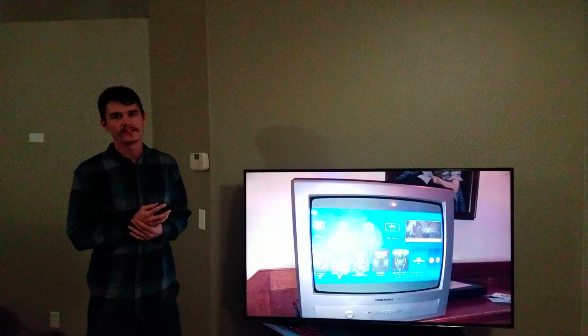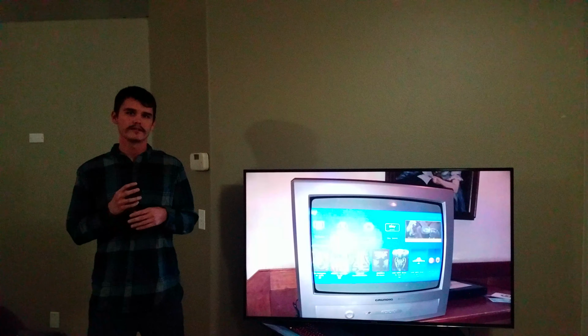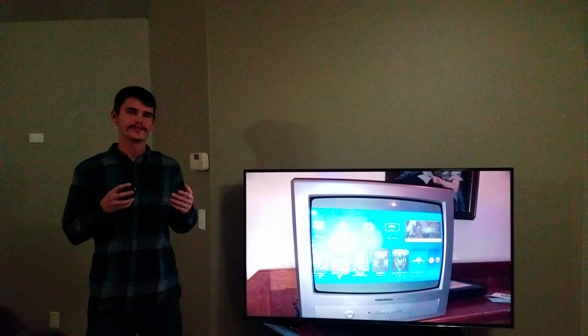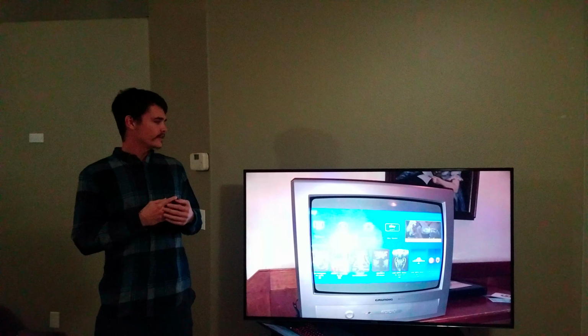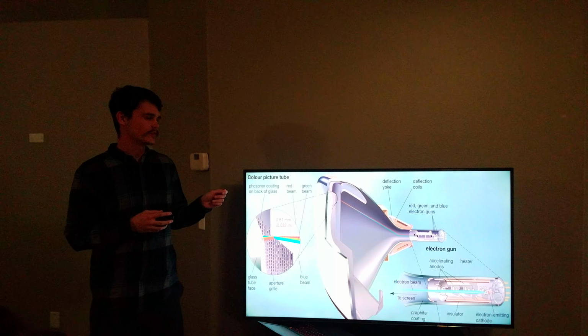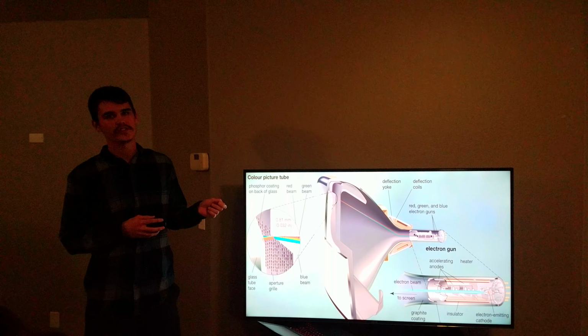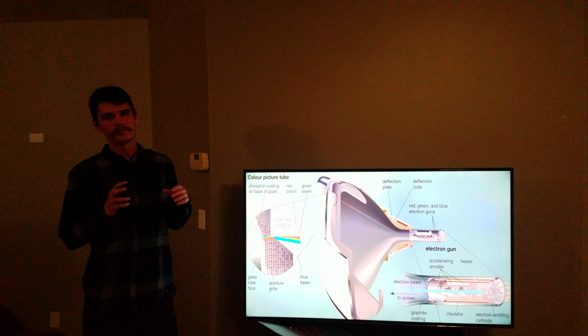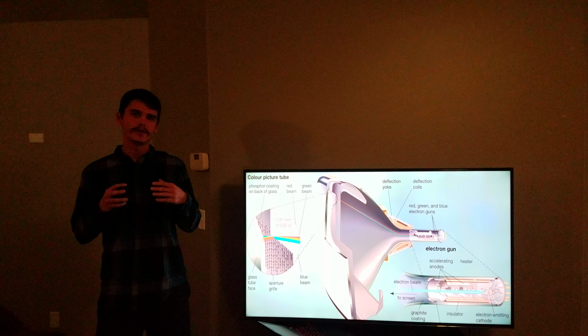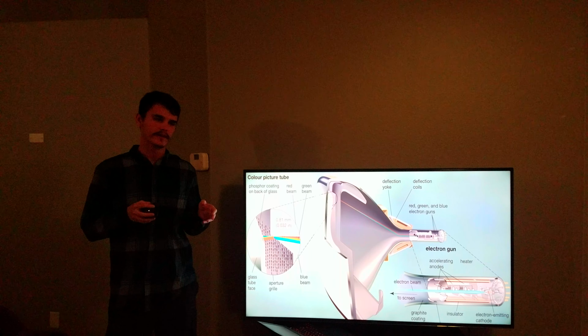And the CRT has a very, very unique way of displaying light. So it essentially has a vacuum-sealed tube with an electron gun in the back. In the 1920s, scientists discovered that electrons, negatively charged particles, have an easier time flowing through vacuums than normal air.